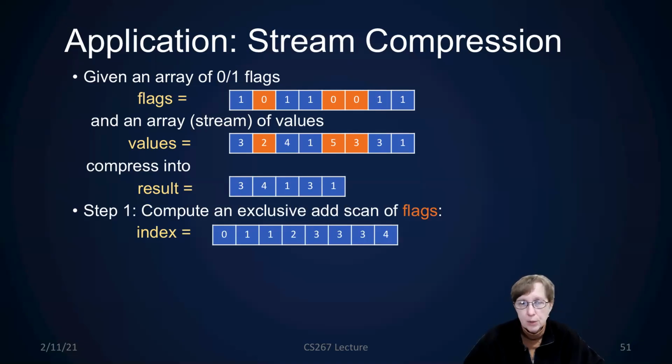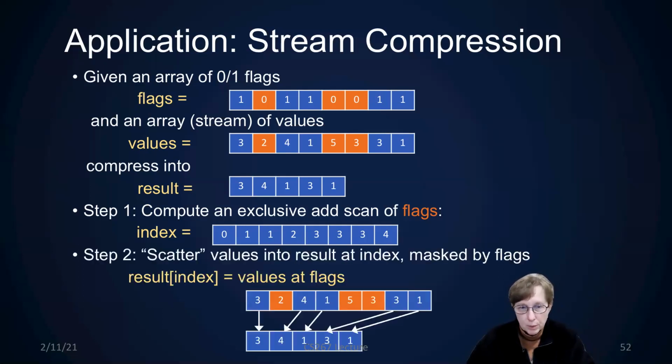So you can see the result there. And so the step is going to be to start by computing an exclusive add scan of the flags array. So if you do the scan of this flags array, what you get here is this array that has 0, 1, 1, 2, 3, 4, 3, etc. And we're going to use that to index into the result array, but we're also going to use a mask.